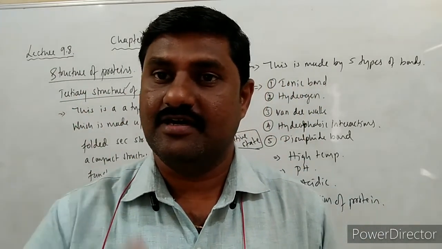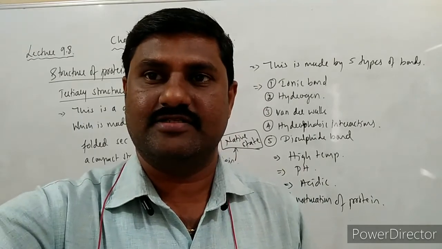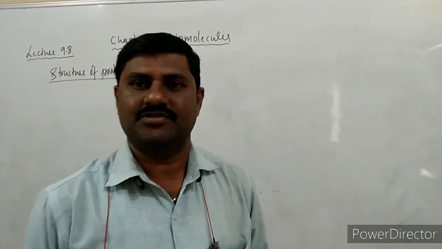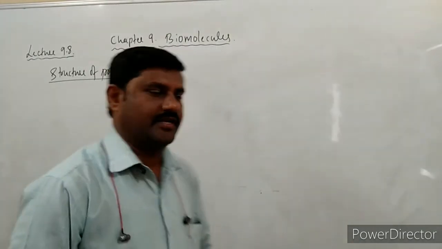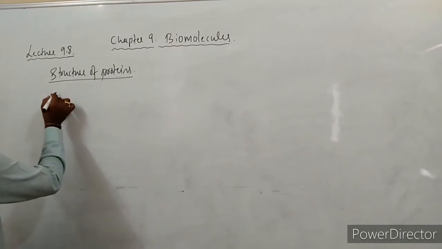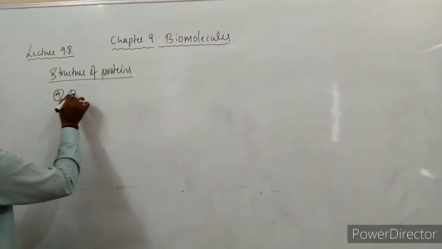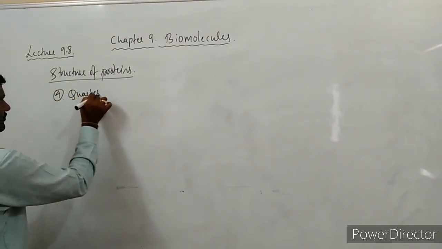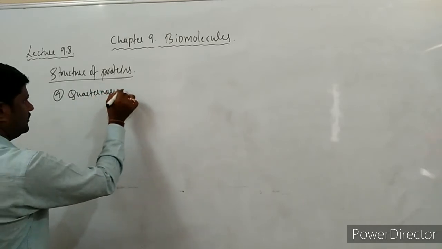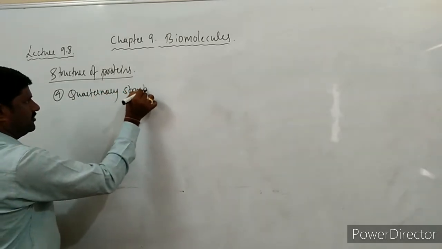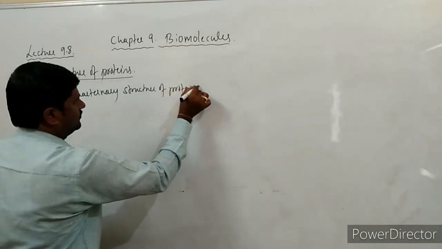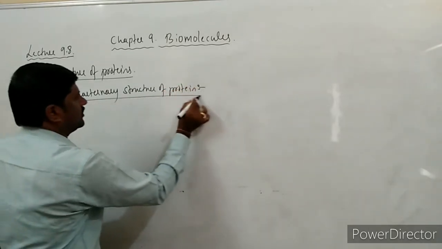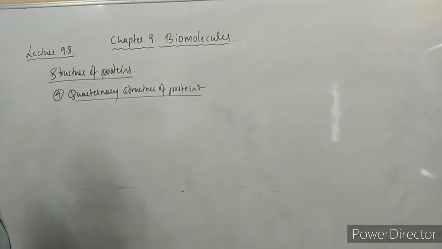And let us start with the quaternary structure of proteins. Let us start with the next structure of protein, that is the fourth one, the quaternary structure of protein molecule.